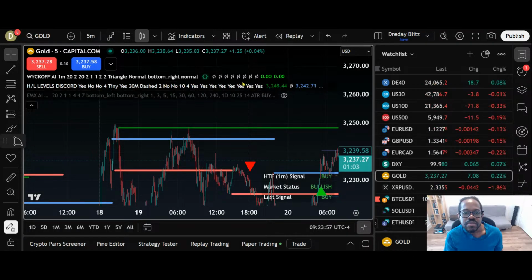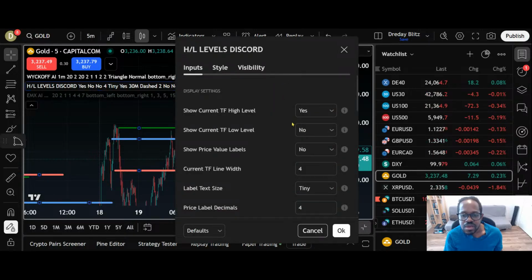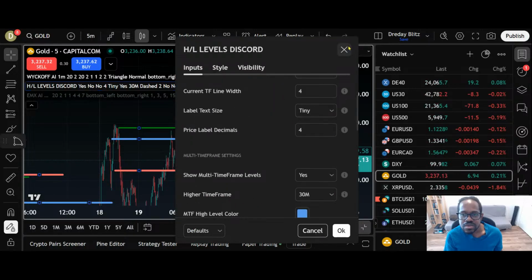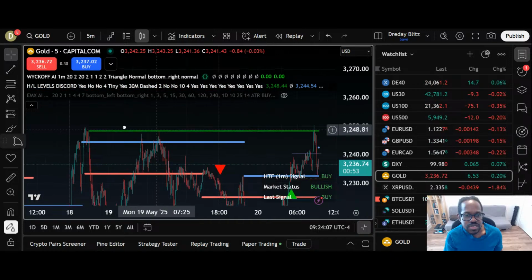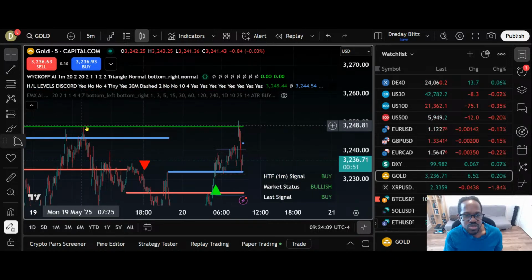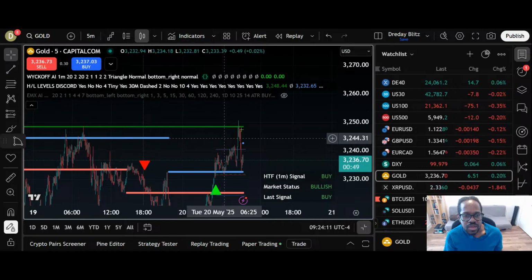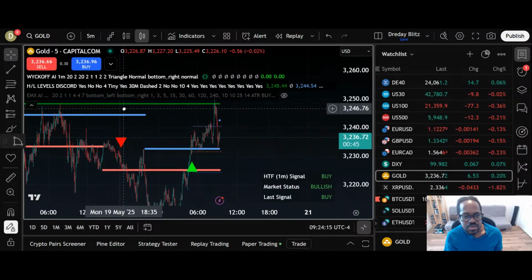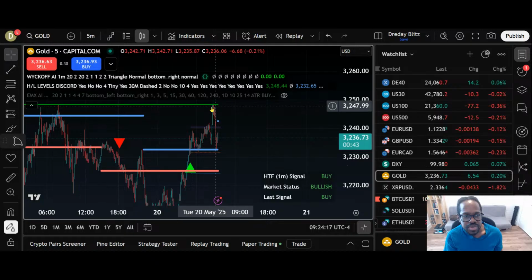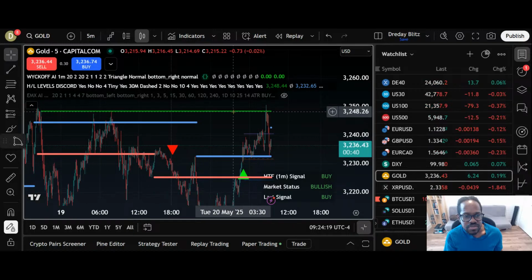If I'm not mistaken, I'm just going to double check. Yes. So you have a 30-minute resistance here, and you have a 5 minute resistance. I'm pretty sure you used the high-low levels here to confirm when to get out, and that was the best time to get out of that trade for a quick scalp.